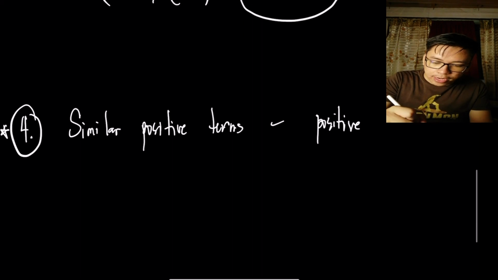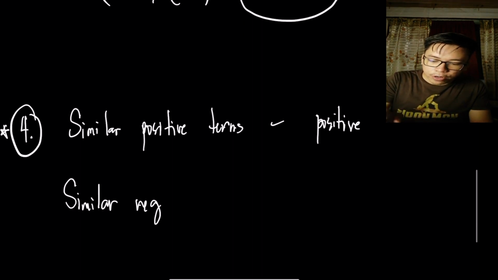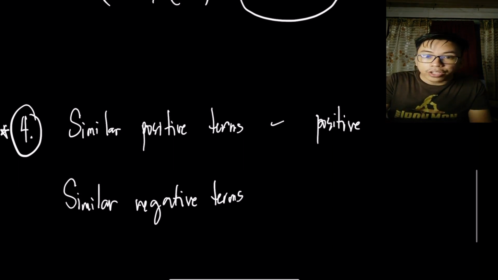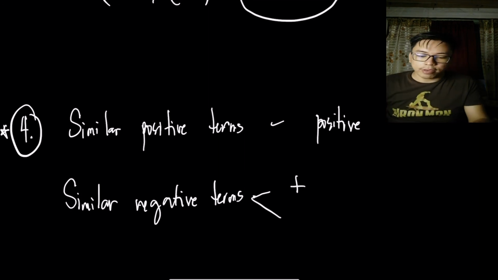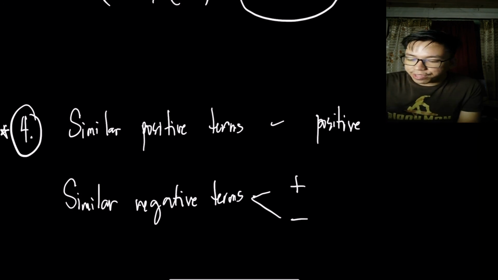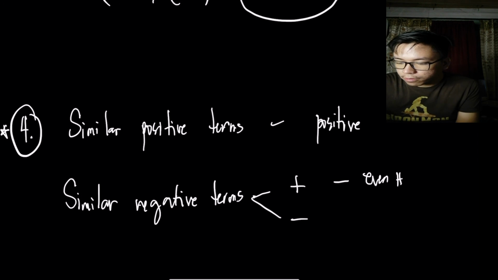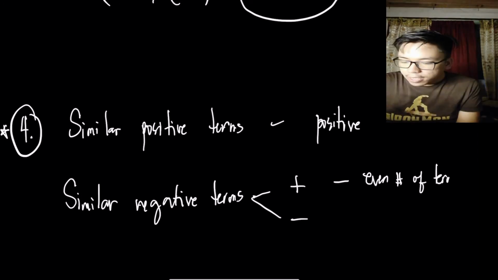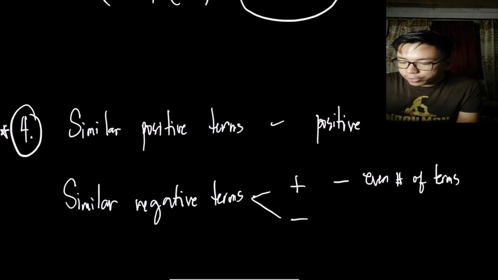But similar negative terms, the result is either positive or negative. Okay, here's the thing. Similar negative terms is positive if even number of terms, negative if odd number of terms.